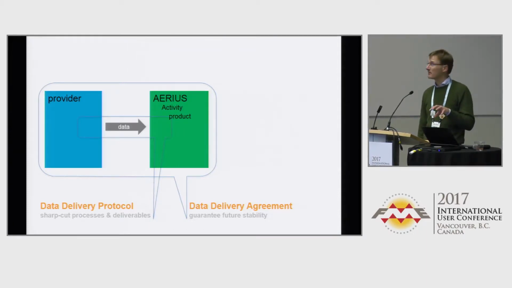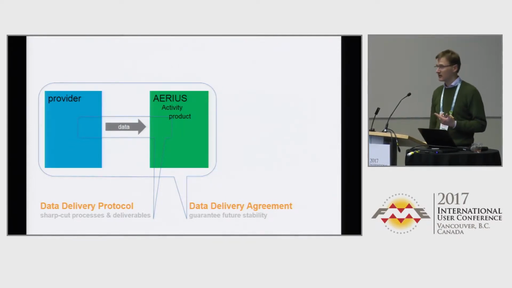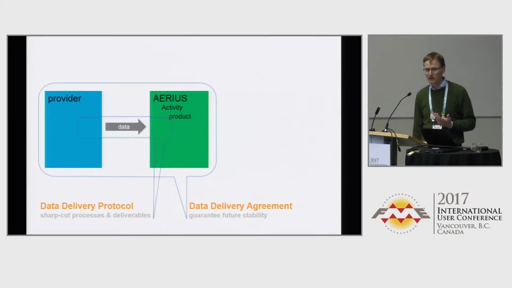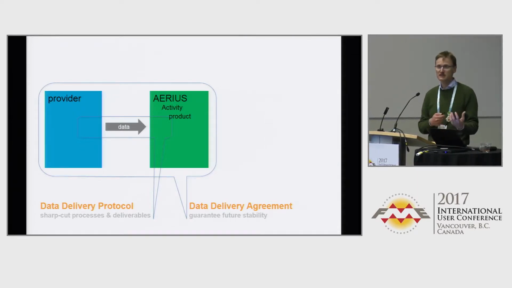Also, on the working level, I make an agreement in a data delivery protocol about what we're going to exchange: at what moment, in which format, what attributes are in it, which domains are within it, and what makes it right. We put everything on paper to make the exchange of data proper.